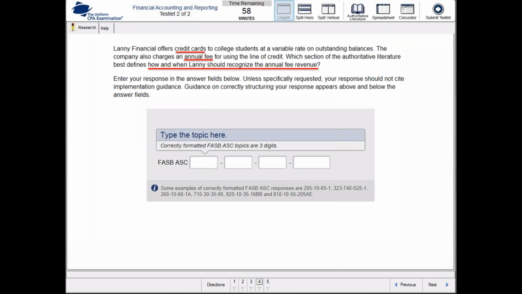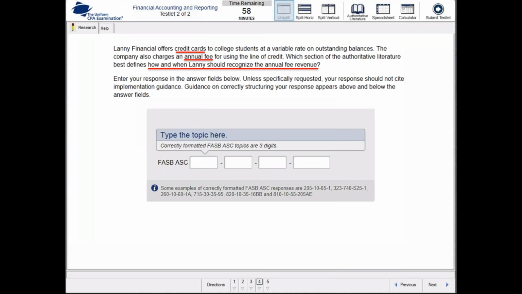So it's important to go back and pick out the keywords, which I've done here for you already, and also identify what exactly they're asking you to do. So we want to know how and when Lanny should recognize the annual fee revenue.